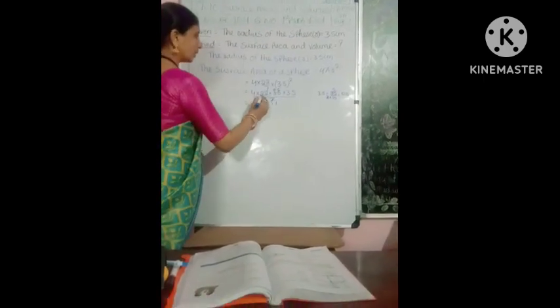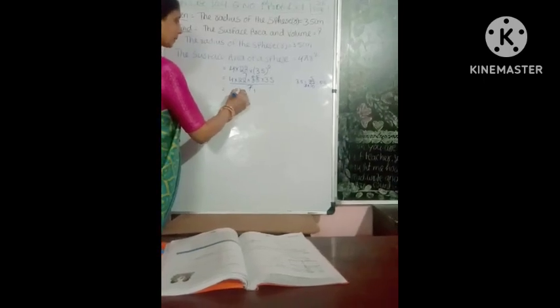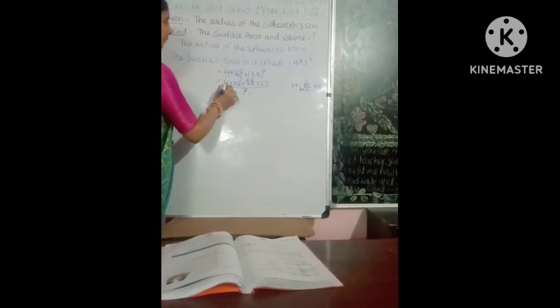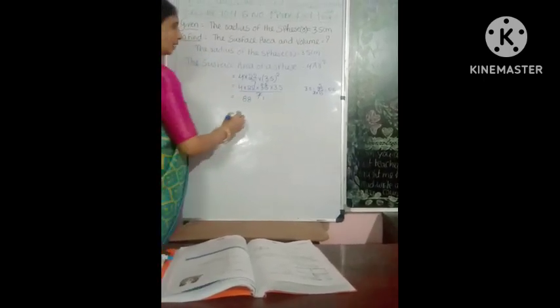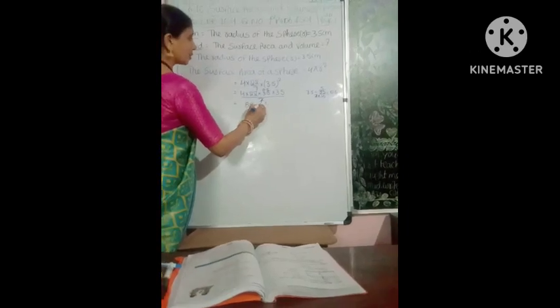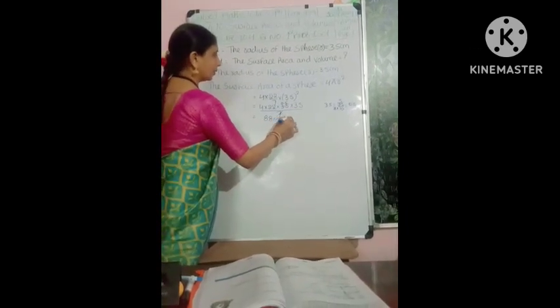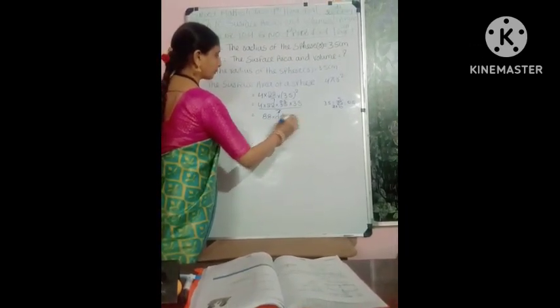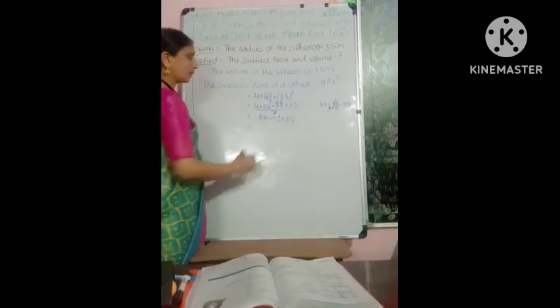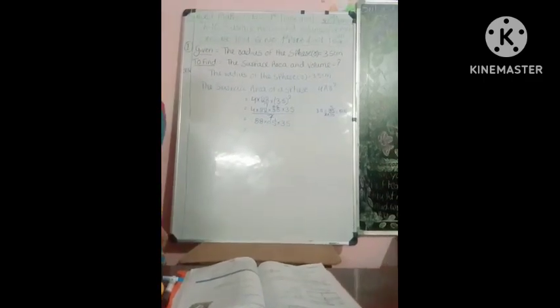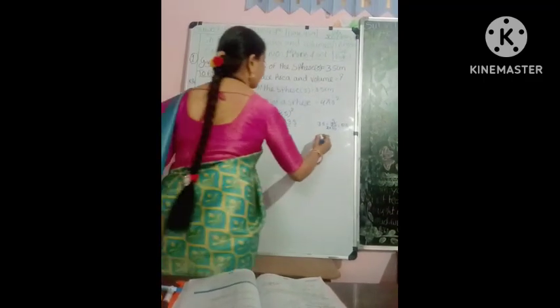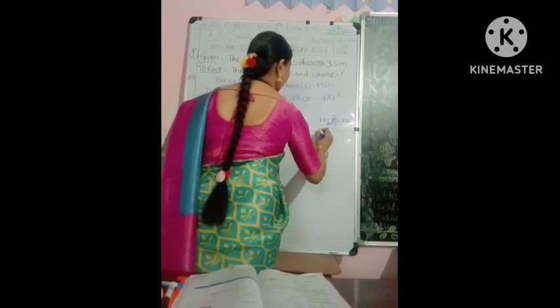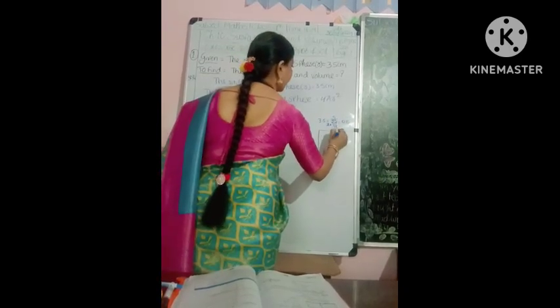It is nothing but 88. So 88 into 0.5 into 3.5. These are three terms to multiply. This is the rough calculation.